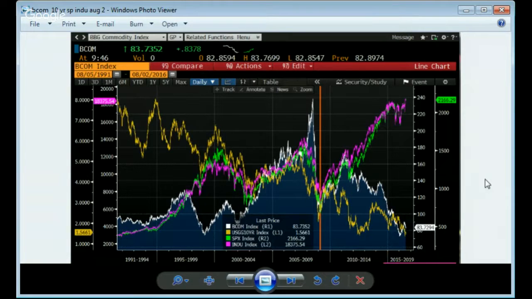They do promote speculative excess in various markets. So the question we have to look at is which side of this chart is correct, the two equity averages or the commodity average and the interest rates.